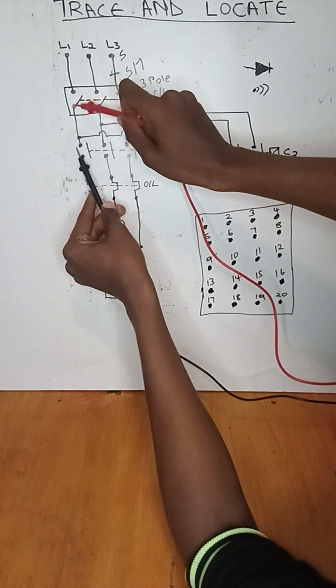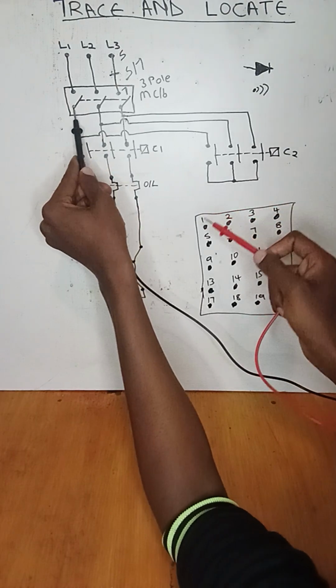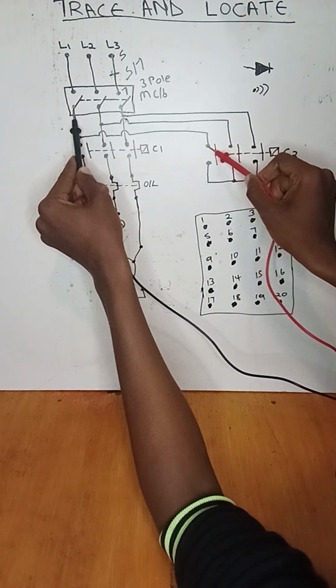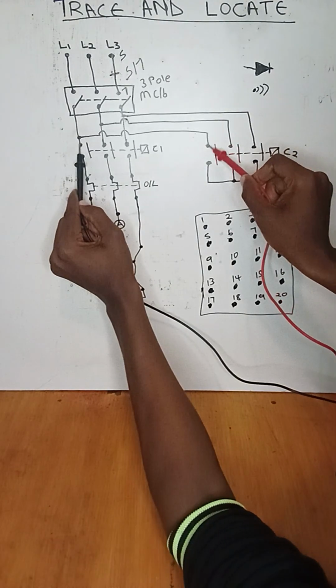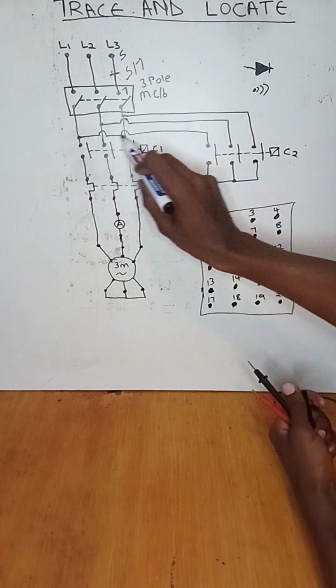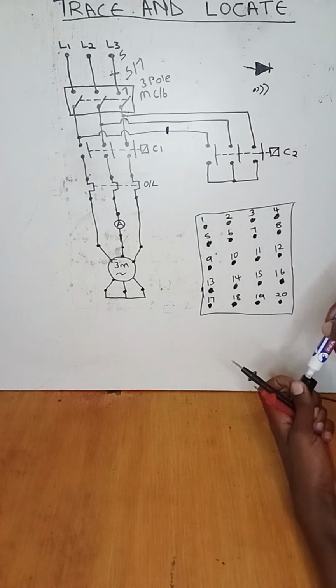We test here and here, it beeps, which means this wire is present. But I test here to this point and it doesn't beep. And also test here to this point and it doesn't beep. Which means this wire is absent. So we'll mark it absent.